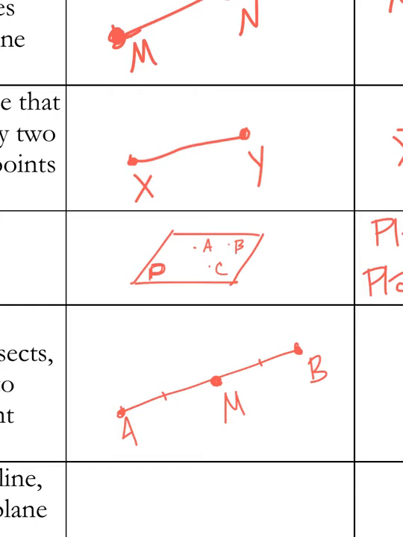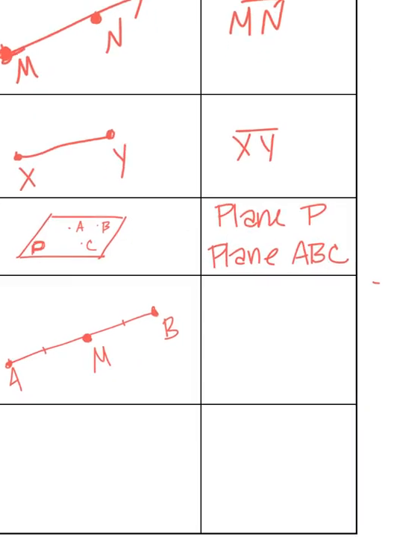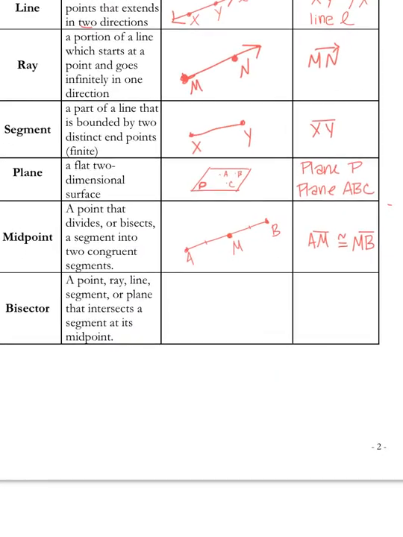Congruent means the same length. And how we can say that, segment AM is congruent to MB. An equal sign with a little squiggly on top is called a congruent sign, and we're going to talk about that later.